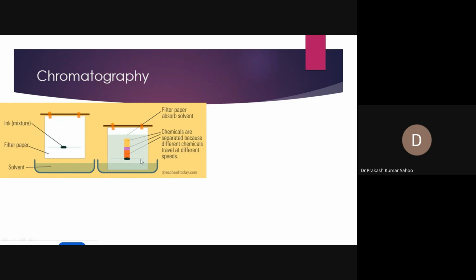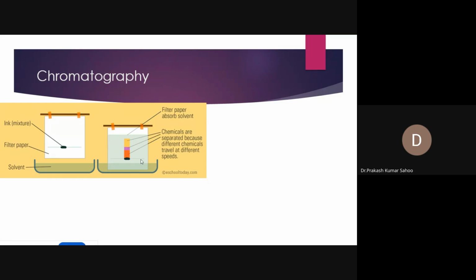This is how your retention factor is calculated, which is known as the RF value. RF value is the distance traveled by the component divided by the total distance traveled by the solvent. It is known as the retention factor.